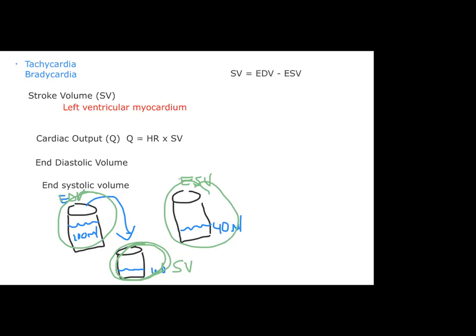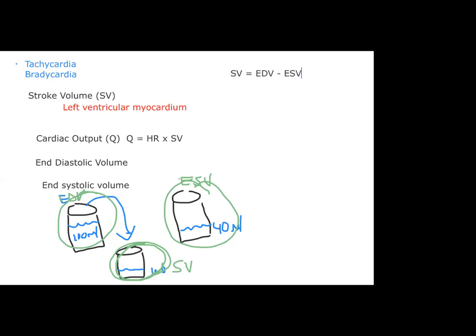Okay, good. Will stroke volume ever be negative? Well, stroke volume is the amount of blood coming out of the ventricle. So in order for it to be negative, that would mean blood would be going into the ventricle from the aorta, which is never going to happen.